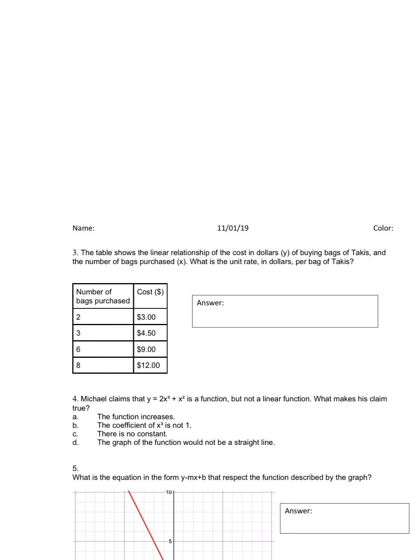It's telling you the cost in dollars is your y, that's your output. So you know that these are y's. And they gave you a hint: the number of bags purchased is the variable x. Okay, so these are x's.